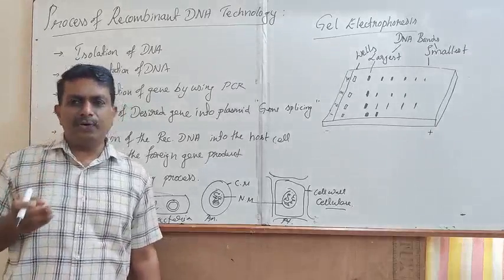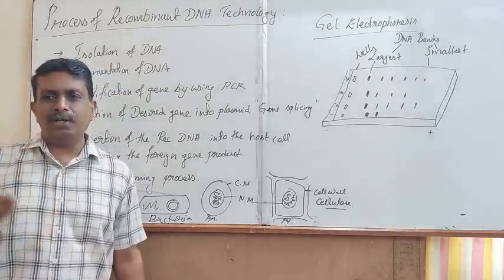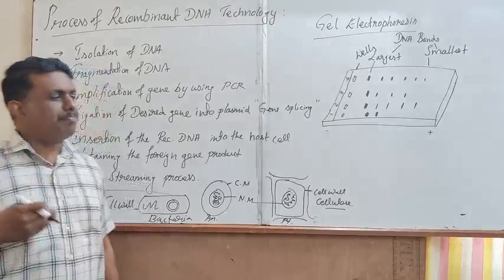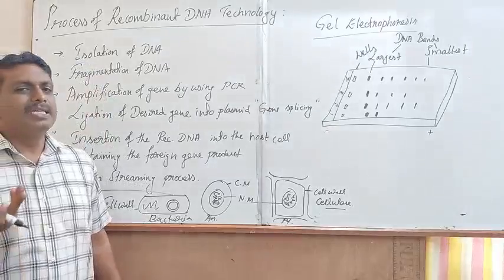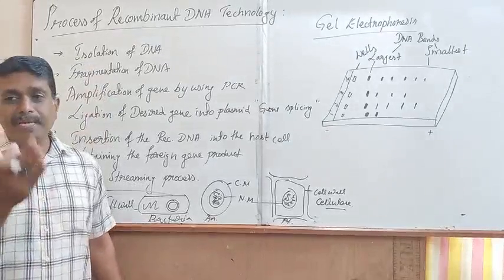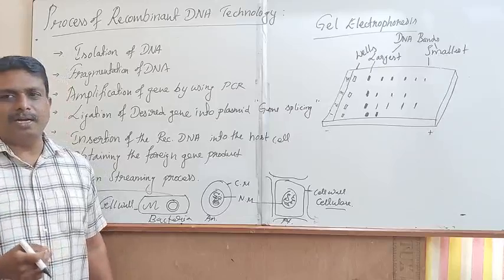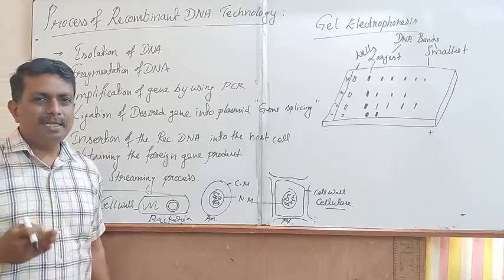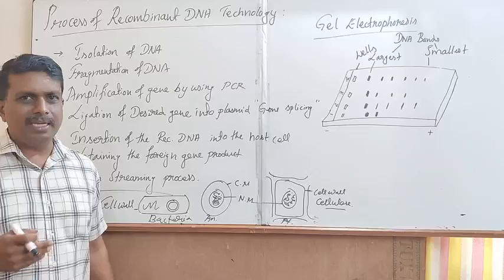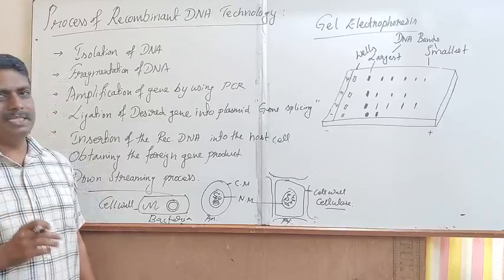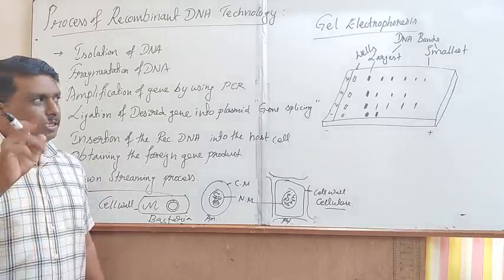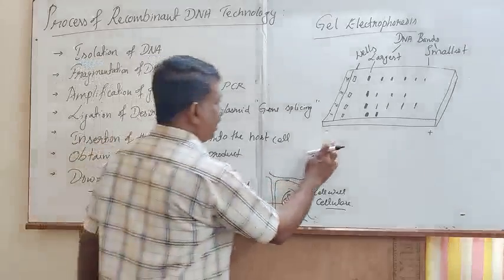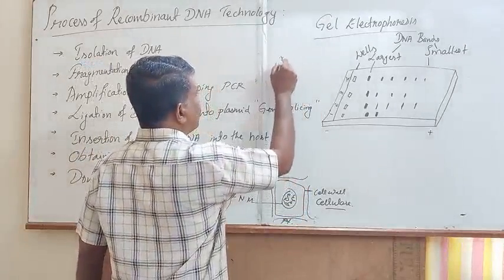It is a unique technique used to separate DNA fragments based on the size, the length, the molecular weight, and also by making use of electric charge. The type of gel used in the electrophoretic technique is called agarose gel.